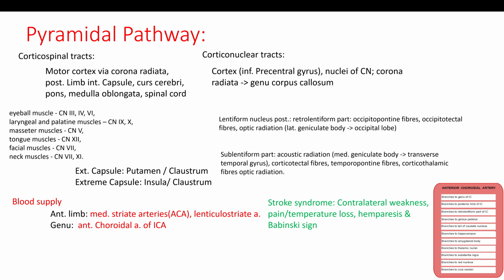The genu of the internal capsule is supplied by branches off the anterior choroidal artery of the internal carotid, and the posterior limb of the internal capsule by branches of the anterior choroidal artery, which follow to the retrolentiform part of the internal capsule.